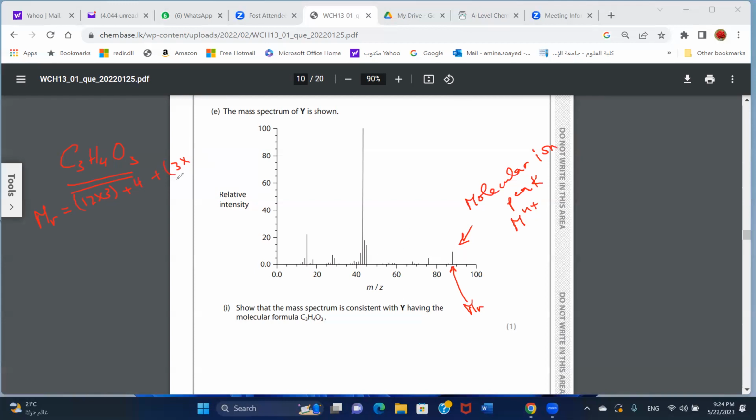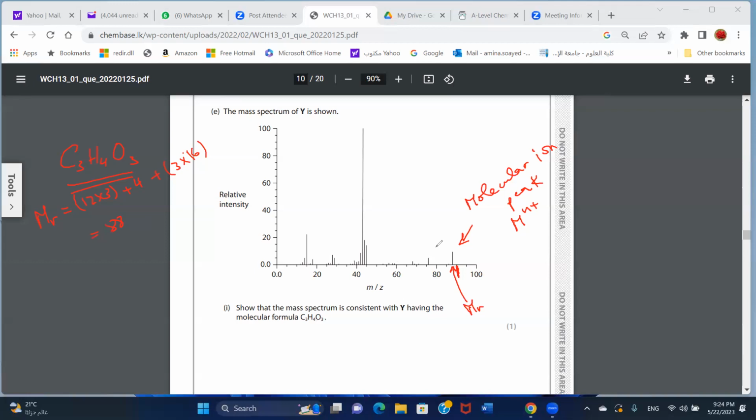And what is this peak? Okay. So this is 90, which means that yes, the molecular mass of the compound is 88.